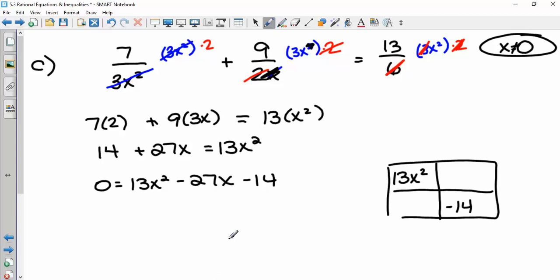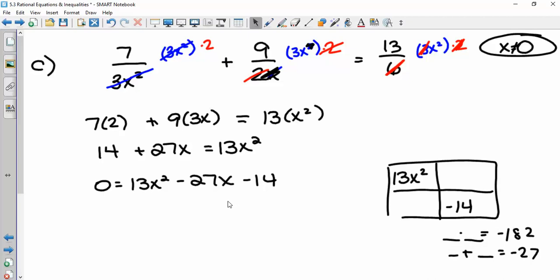If you multiply those together, they multiply to 182, and add to a negative 27. What's going to be? You guys figure it out.